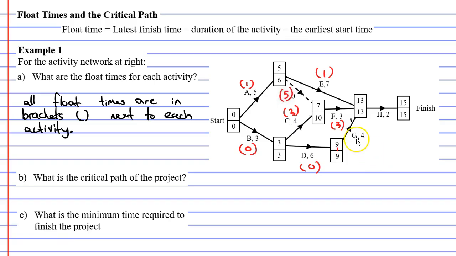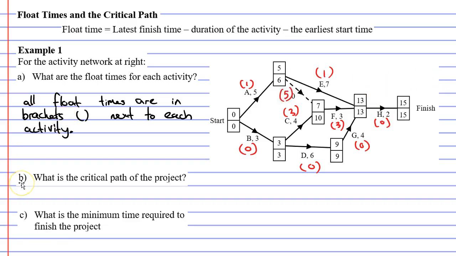And activity G has a latest finishing time of 13. 13 minus 4 minus 9 gives us 0. So activity G is a critical activity. And finally, activity H, which has a latest finishing time of 15. 15 minus 2 minus 13 gives us a float time of 0. So this is another critical activity.